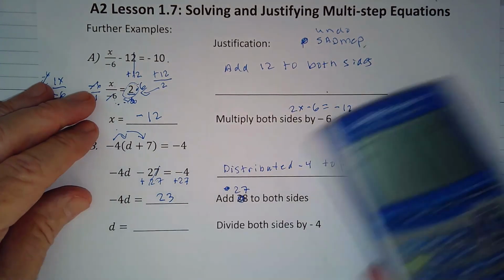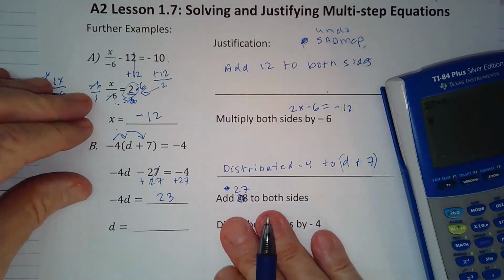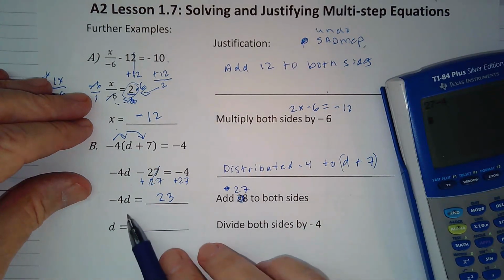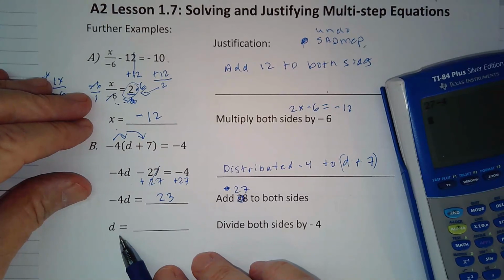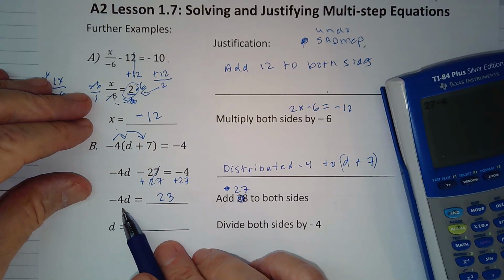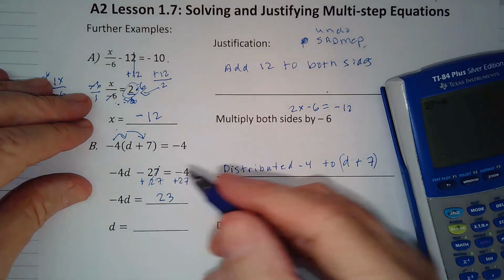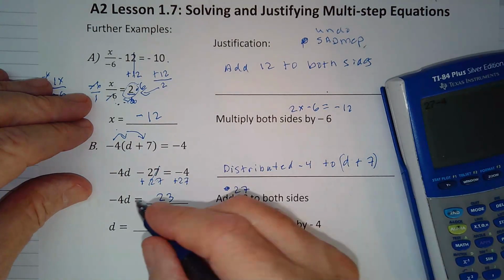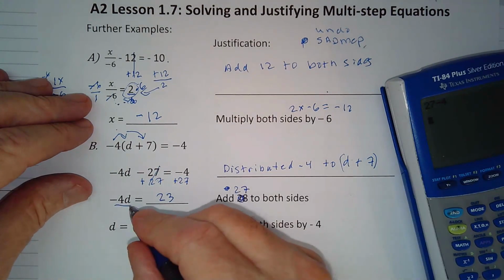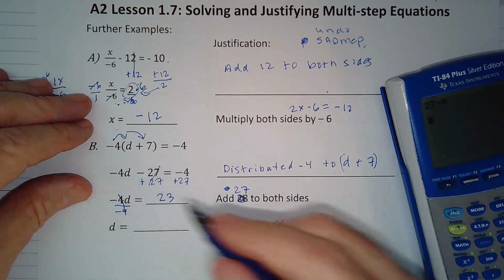Okay, so, whoops, let's not look at that. Let's pretend we didn't. We're looking at this, and notice here we get to d. So obviously we got negative 4 out of there. And obviously that's the last thing we would have to do. We'd have to divide both sides by negative 4. So they give this to you. Okay? And so go ahead and do that. Divide by negative 4 on the left, and negative 4 divided by negative 4 is 1.